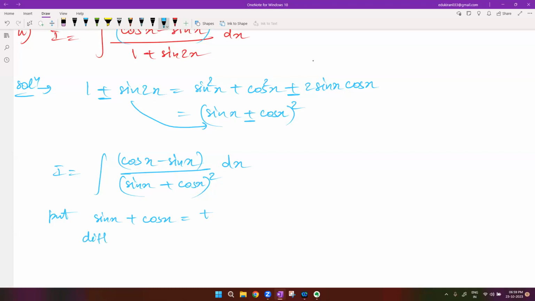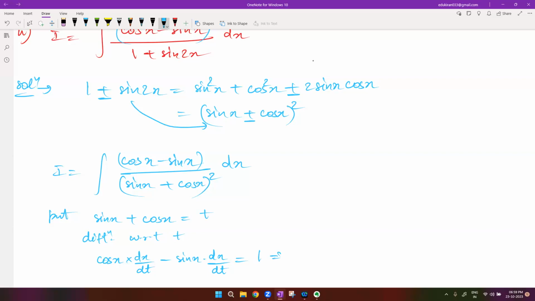Differentiating both sides with respect to t: the differentiation of sin x is cos x times dx by dt, plus the differentiation of cos x is minus sin x times dx by dt, and the differentiation of t with respect to t is 1.